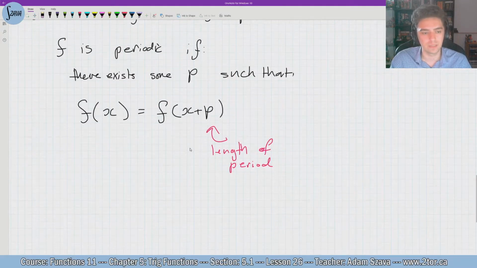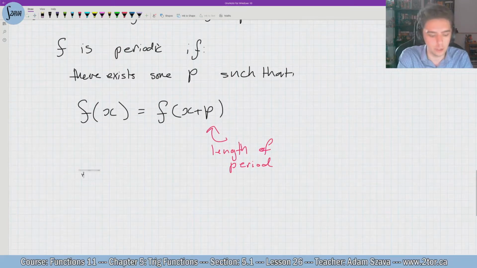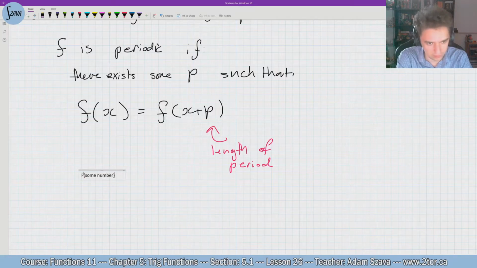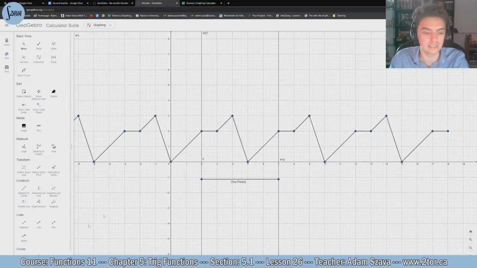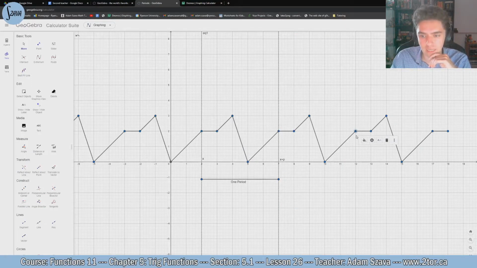Okay. So this is essentially saying f of some number is the same thing as f of that number plus one period. In fact, it's not even just one period. You could go over 3 periods. So if you look at this graph here, I could go over one period and then over another period, and I'm still at the same point.